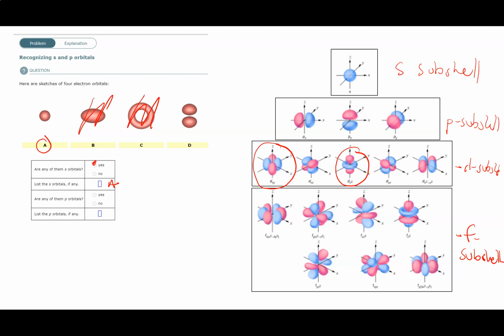It has to be the whole thing. All right, so you should keep that in mind. But d here looks like this one, doesn't it? So yes. And which one is a p orbital? It's d. Okay? So that's important. Parts of orbitals don't count as an orbital. It has to be the whole thing.